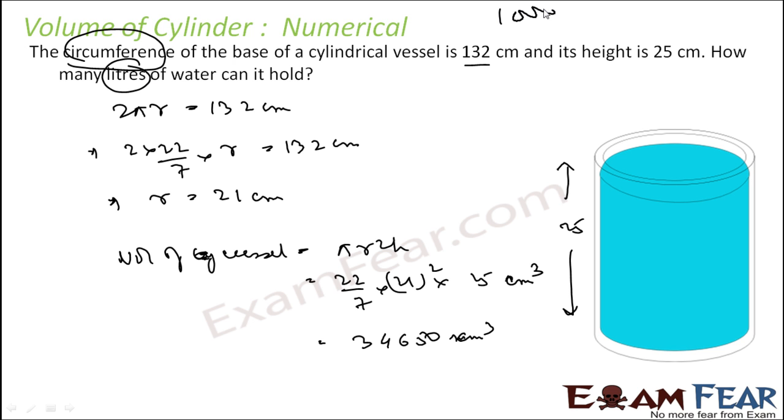So we know that 1000 centimeter cube is equal to 1 liter. So divide by 1000, liters, and that is nothing but 34.65 liters. Please pay a little attention here while converting by 1000. So 1000 centimeter cube is equal to 1 liter.